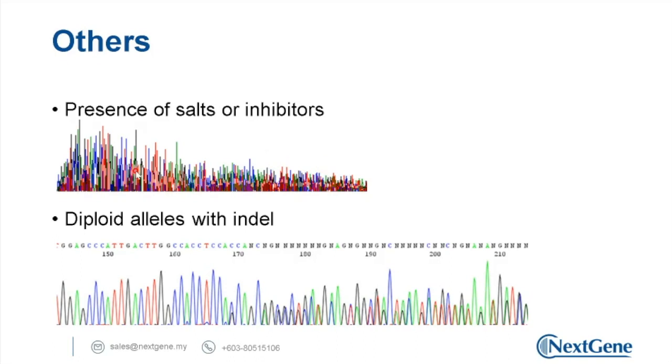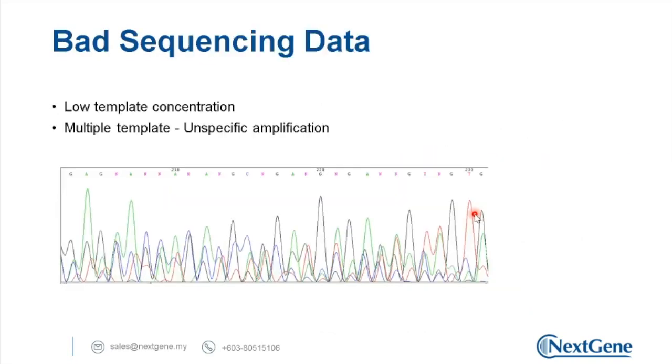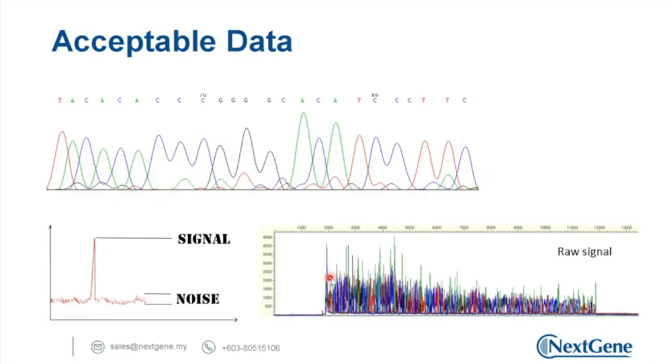Another event: we have good signal at the beginning, but the signal drops very fast. A gradual decrease of the signal is actually normal when we look at the raw signal data. However, in some cases, it's like going downhill. You see the signal decrease like a slope. If you see a slope, then it's not very normal.